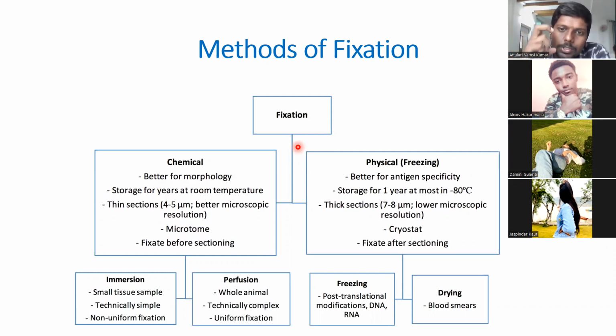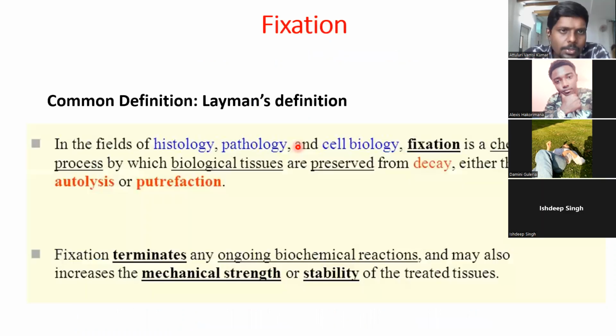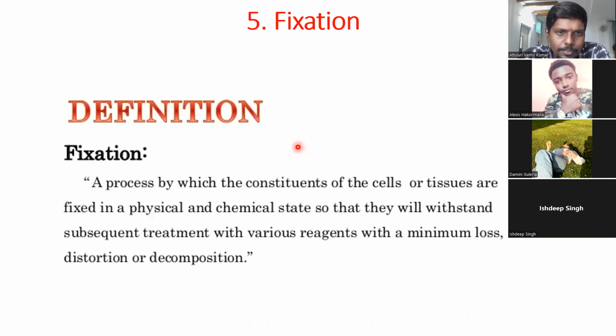So the tissue will be in a lifelike state. We have two types of methods of fixation: chemical and physical. Chemical includes immersion and perfusion. Physical includes freezing and drying. In layman's definition, fixation is a process where we prevent the decay of any tissue.